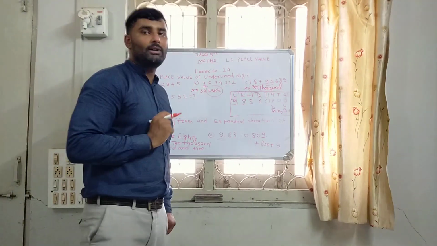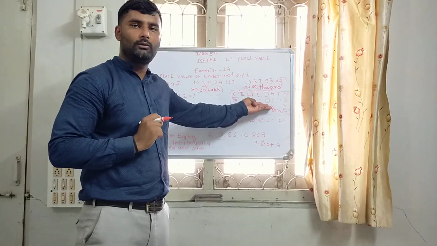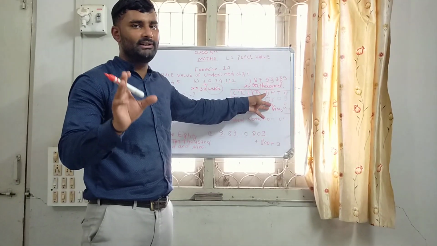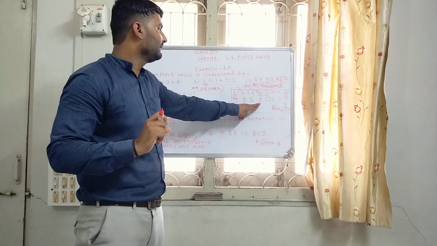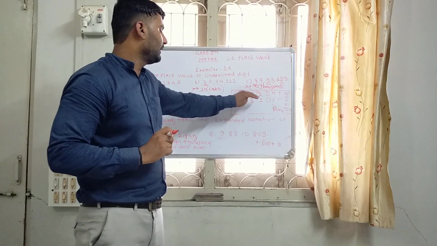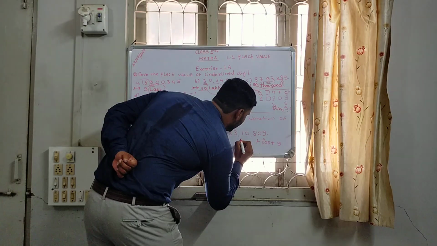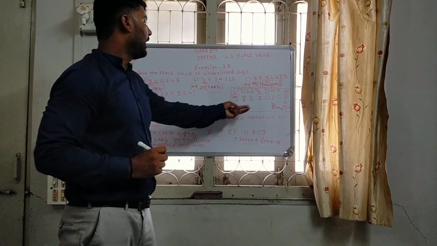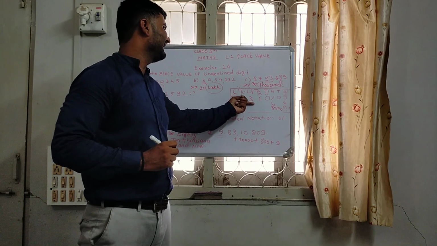Now, how many 0 are there? Only 1 0 is there. That means the column of 1000 is vacant. Now moving to the column of 10,000, 1 is there. That means 1 multiplied by 10,000 means 10,000. Now, how many lakh are there? 3 lakh is there.